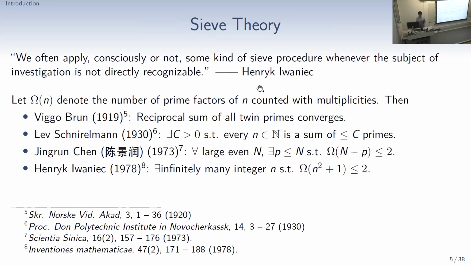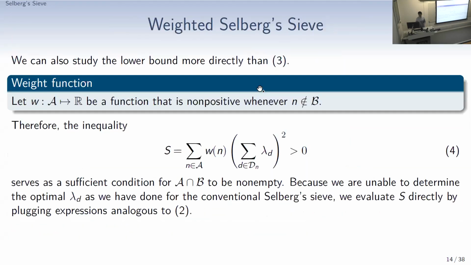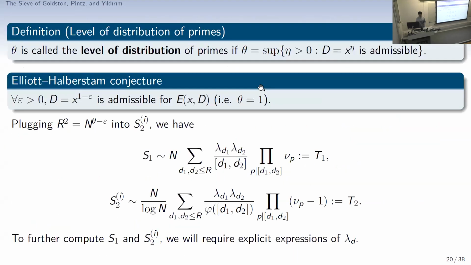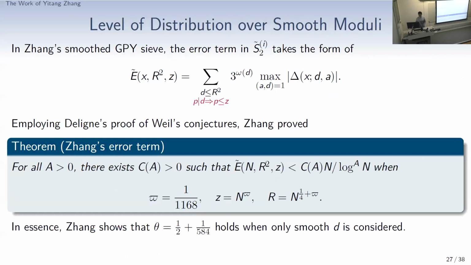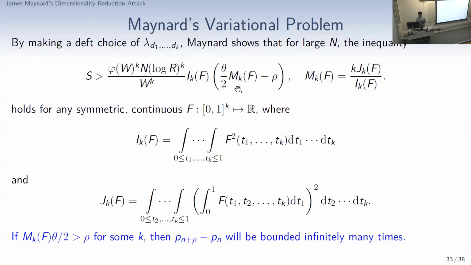The first half of James Maynard's paper is dedicated to proving that integral expression, and this part is more of an arithmetical nature. The second part is more analysis, like calculus of variations, and I'm still reading about that.